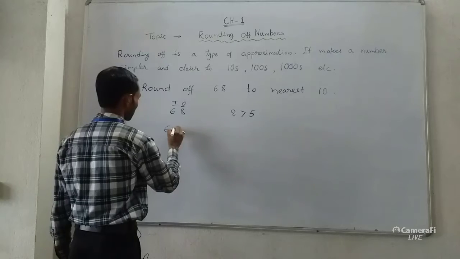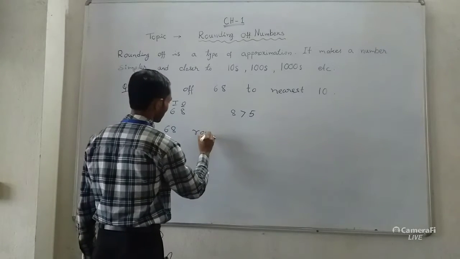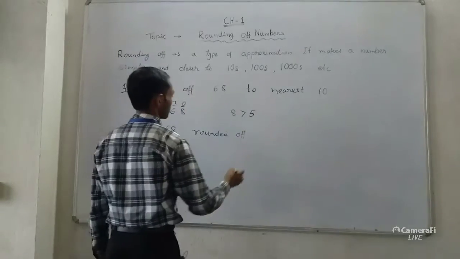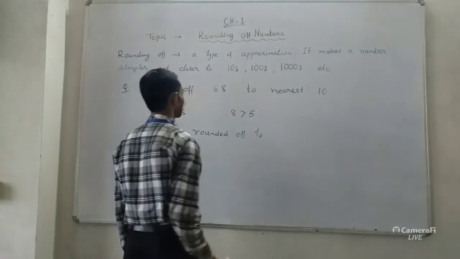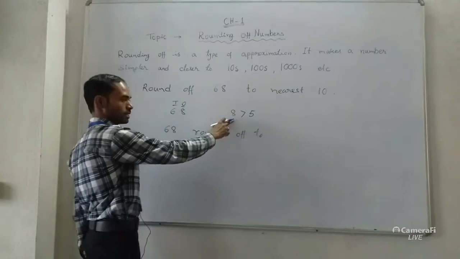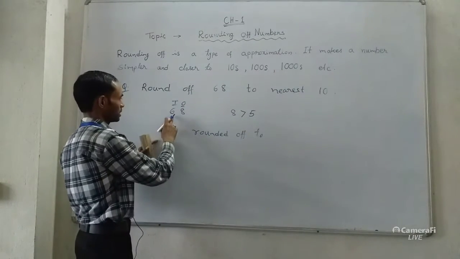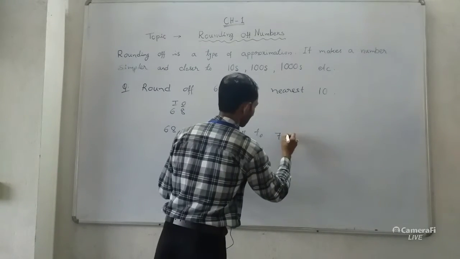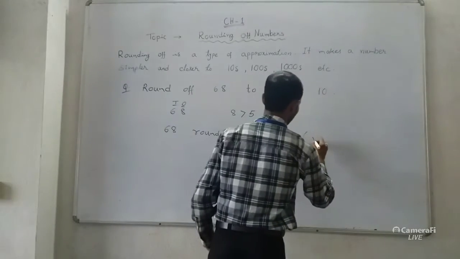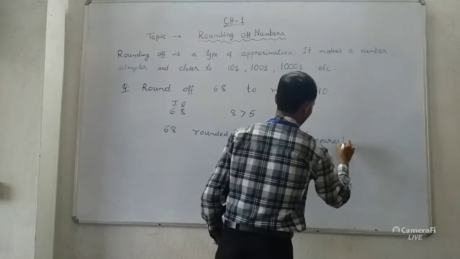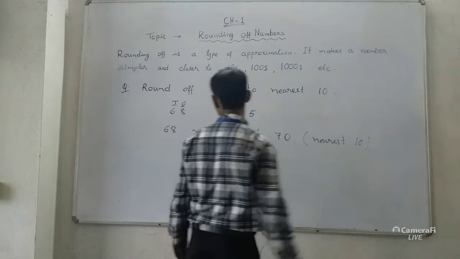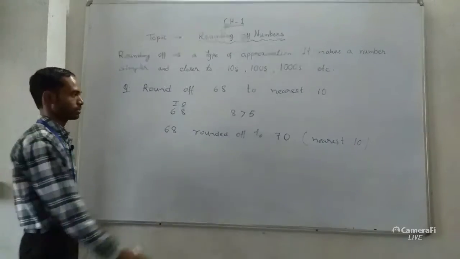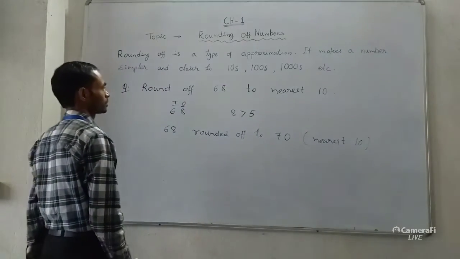So 68 is rounded off to... as the ones place digit is greater than 5, the 10 place digit will increase by 1. 6 becomes 7 and the ones place digit becomes 0, nearest 10. So the rounding of the number 68 gives the answer 70.